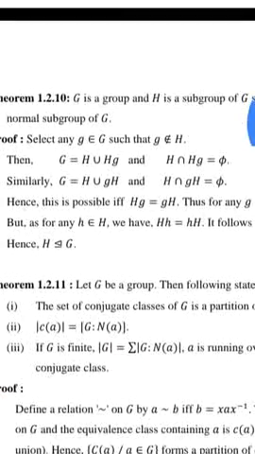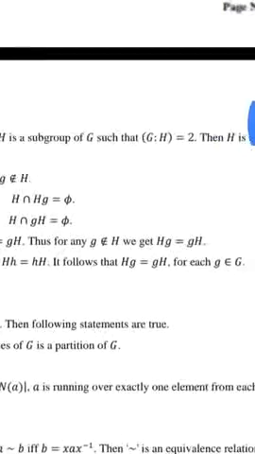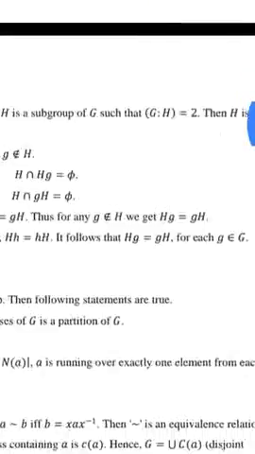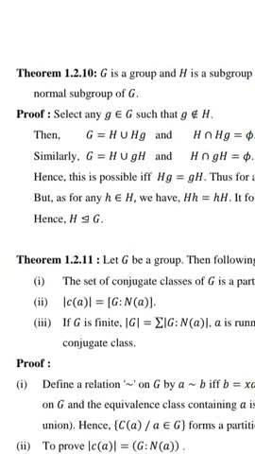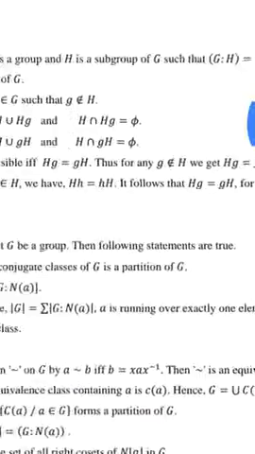There is one more theorem. G is a group and H is a subgroup of G, such that the index of G over H is equal to 2. Then prove that H is a normal subgroup of G. We have to prove that gH is equal to Hg.